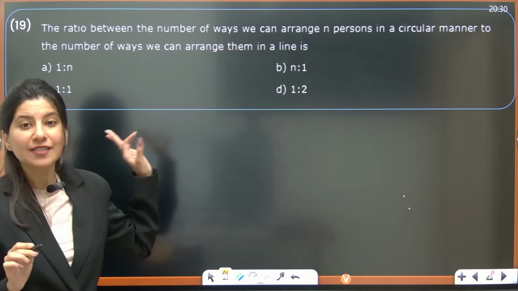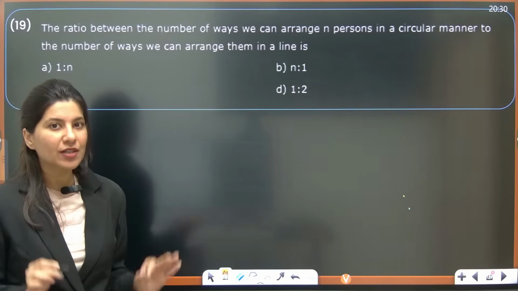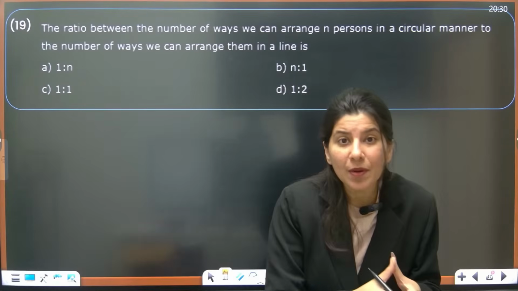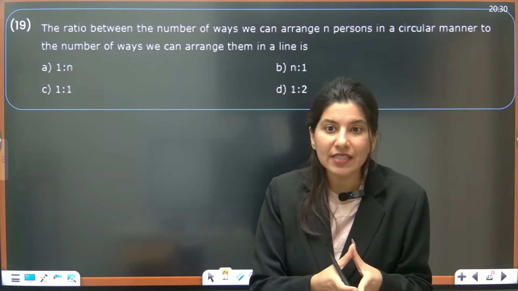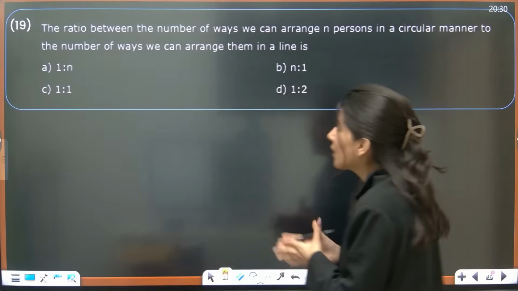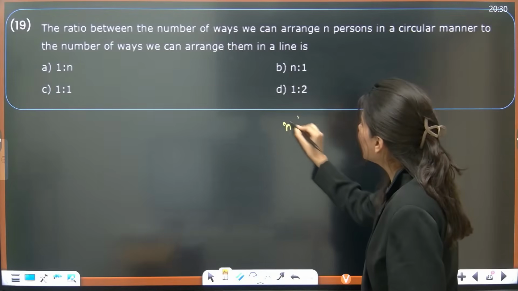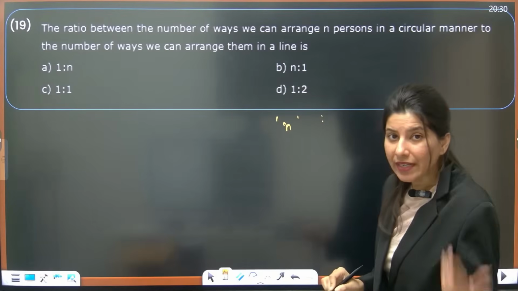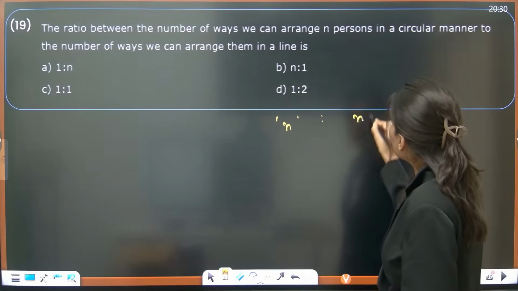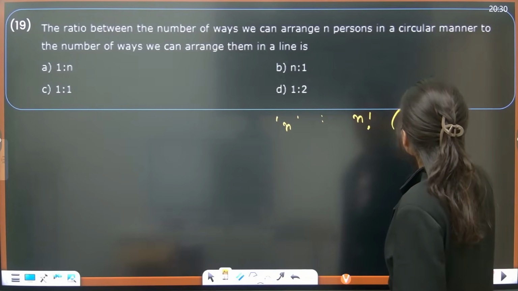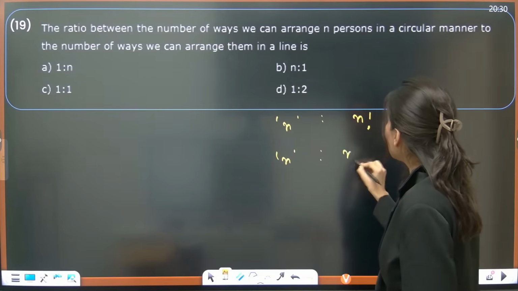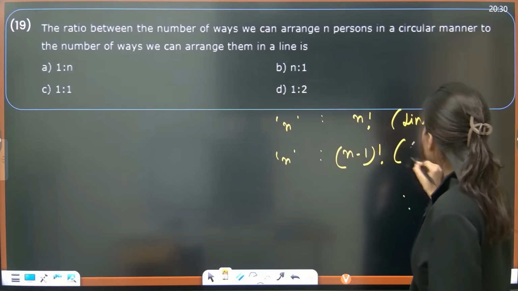Next question is all about permutation and combination, which asks you the ratio of linear permutation and circular permutation. If you have to arrange n people in a line, you can do it in n factorial ways. This is your linear permutation. Now n things you have to arrange in circular fashion, so n minus 1 factorial, this is circular.